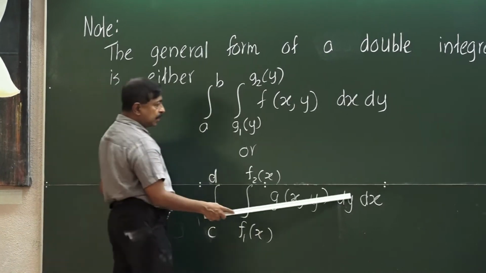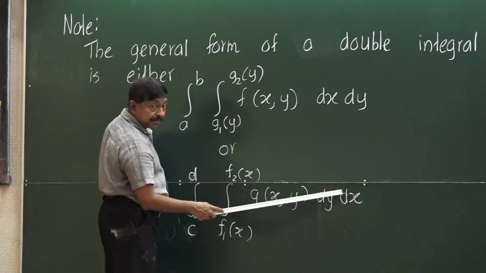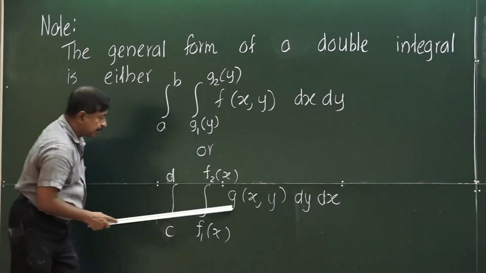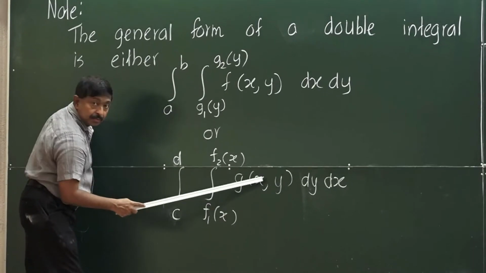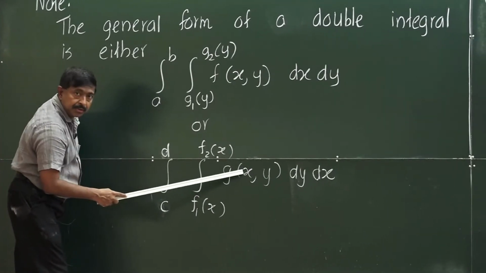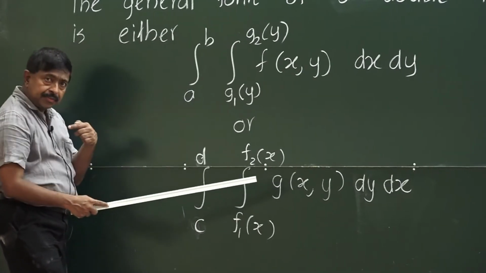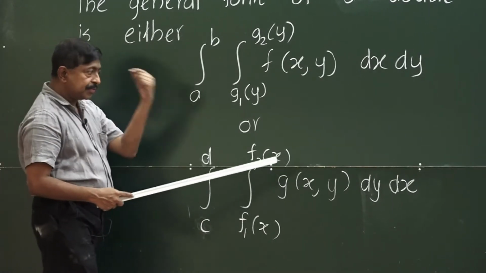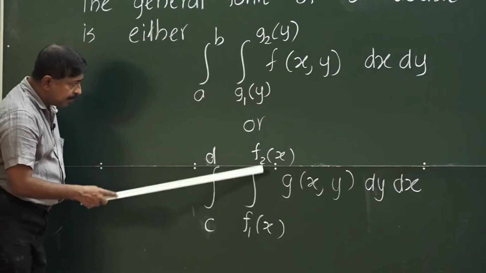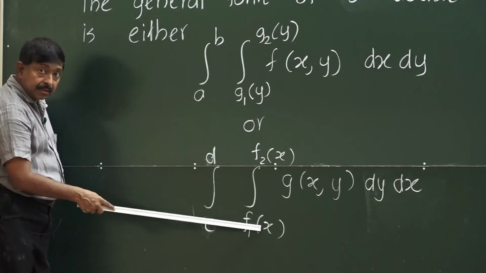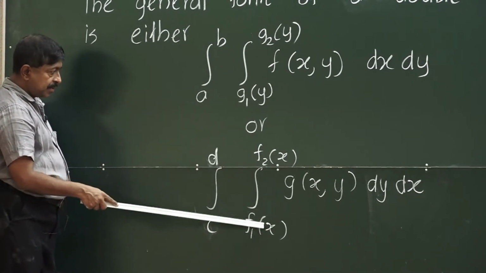But if you have the other way around, if the order is reversed, then dy comes first. So, here again you can have the integrand consisting of both variables. Since x is going to be considered later, you may have limits carrying x like this.